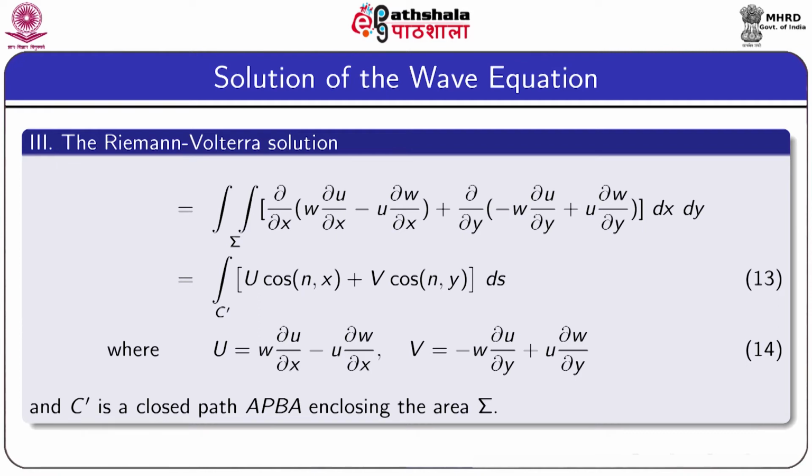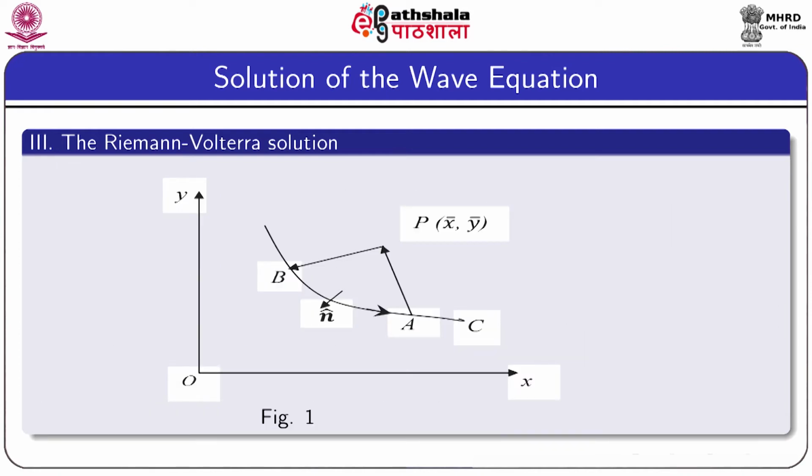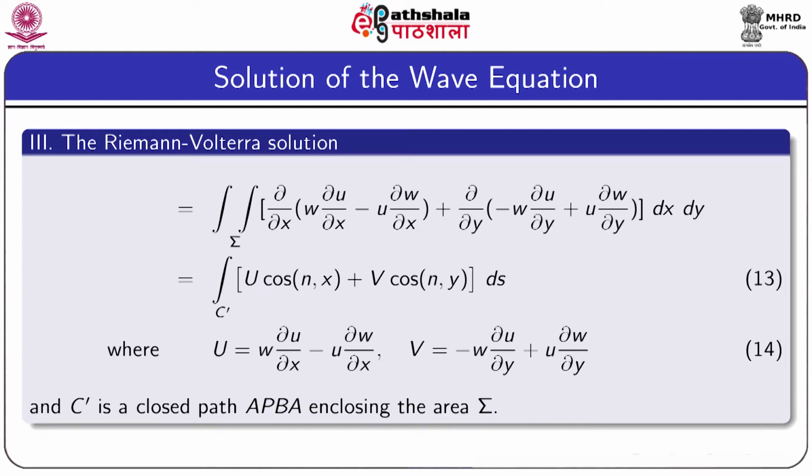So, if we go back to the figure, c dash is the line which encloses the area sigma, and the sigma area is the area bounded by PA, BA and AP. The expression for capital U becomes w del u/del x - u del w/del x, and V equals minus w del u/del y plus u del w/del y.